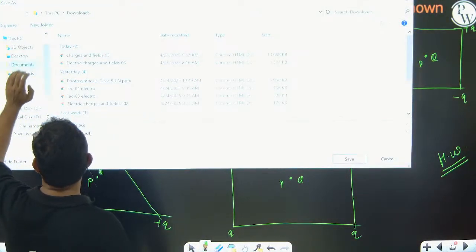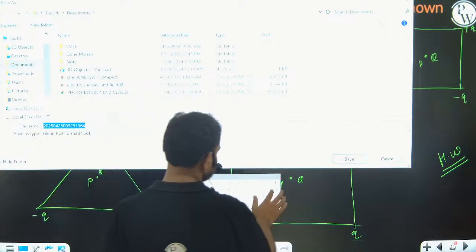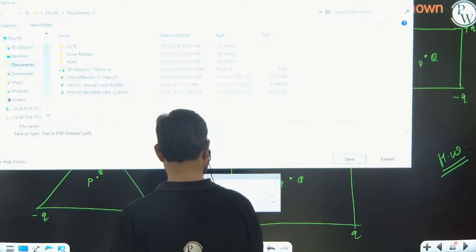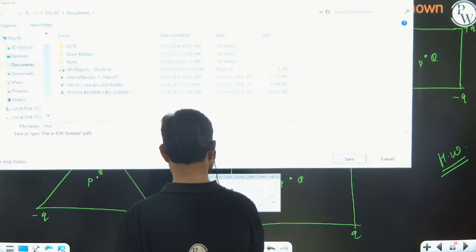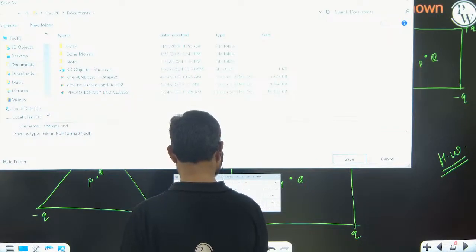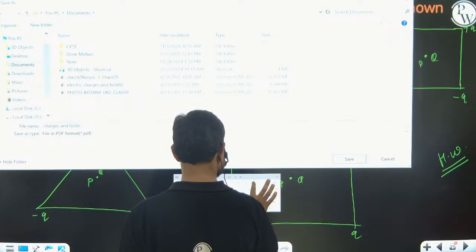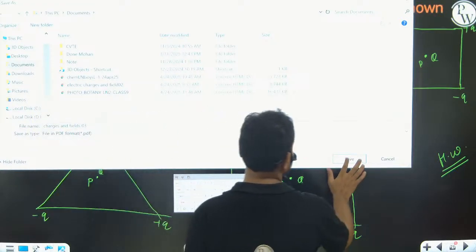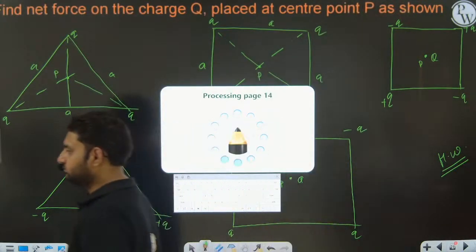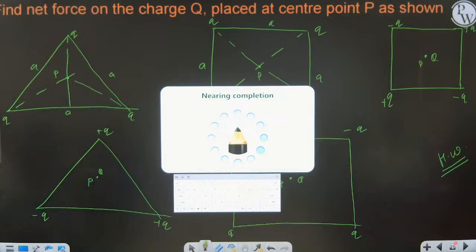It should be saved in documents only. Documents. Save. See you in the next class.